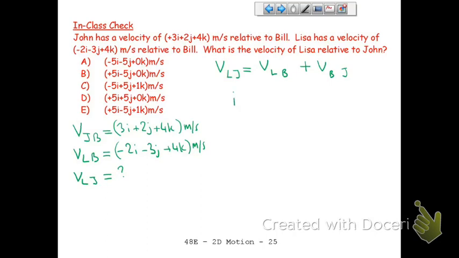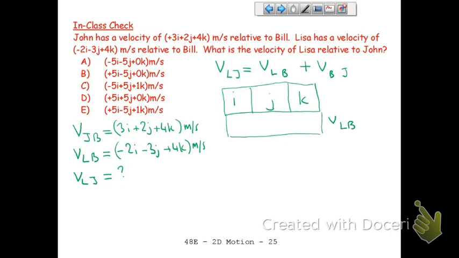I need a grid, so IJK. Now, velocity of Lisa relative to Bill. They gave me that one.